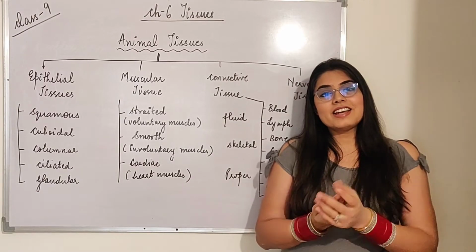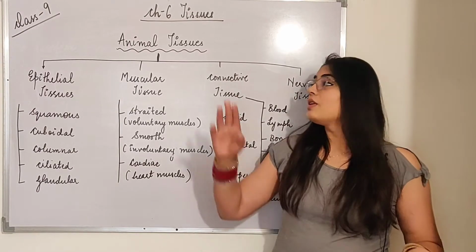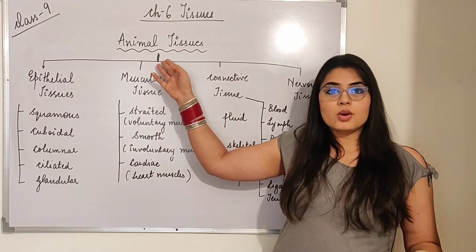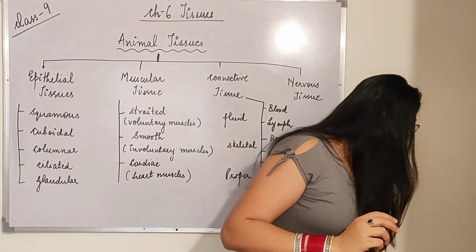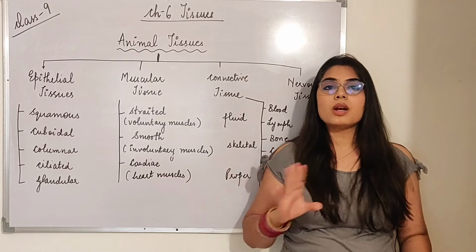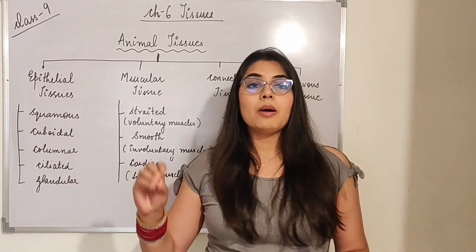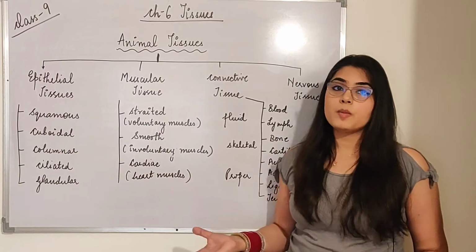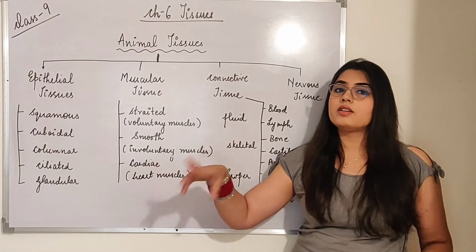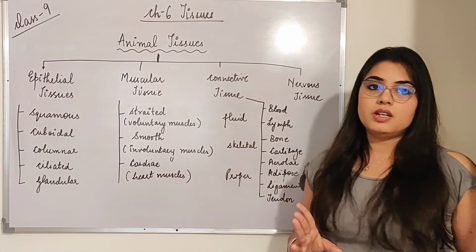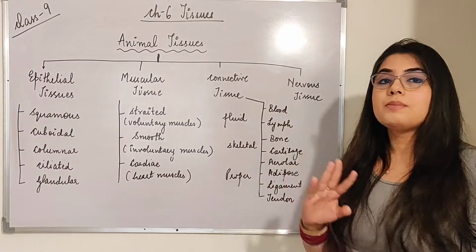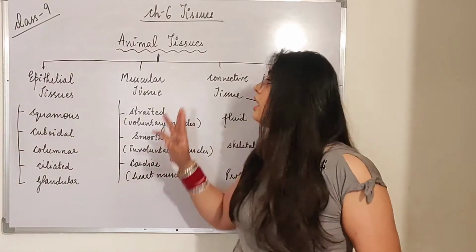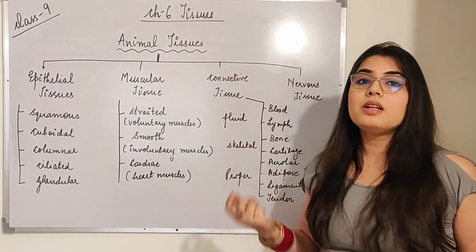Right, so let's get started. Now in this chapter we will be moving on with the animal tissues. So what are animal tissues? In the previous video we have done what plant tissues are, how plant tissues are formed, the different types of plant tissues, the meristematic tissues and the permanent tissues, and the permanent tissues are further divided into simple permanent tissue and complex permanent tissue. All these parts have been covered. Now we are moving on to the animal tissue.